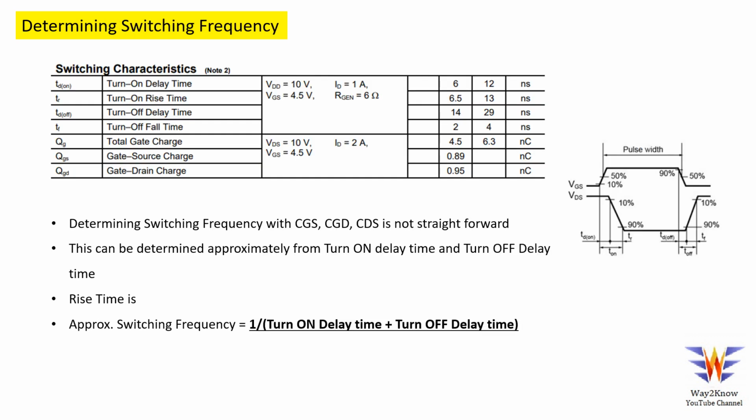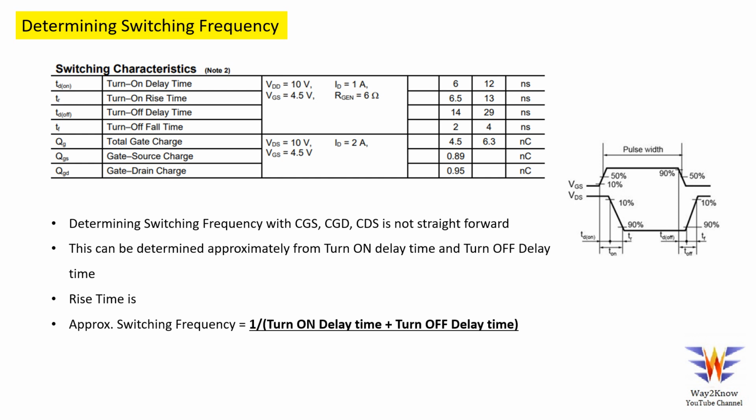Now let us come to determining the actual frequency. Now that we understand what it depends on, to put it in a simple way, the switching characteristics of a MOSFET given in its data sheet include charge characteristics, capacitances, rise time, fall time, turn on delay and turn off time. All these are provided at a given VDS, VGS, drain current and a specific on resistance.